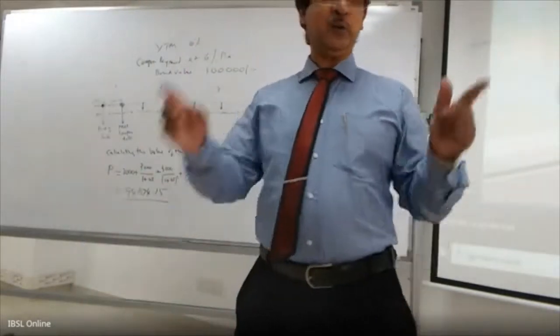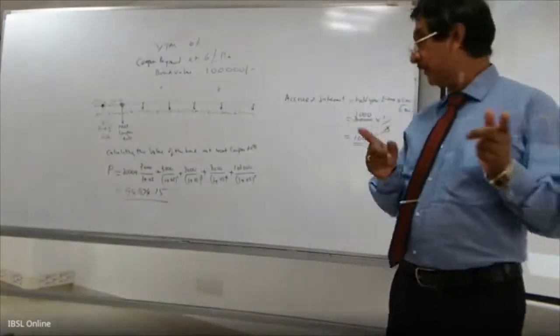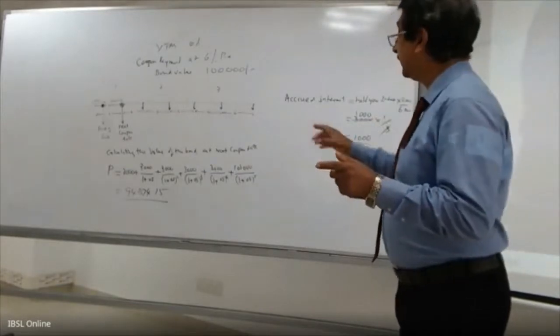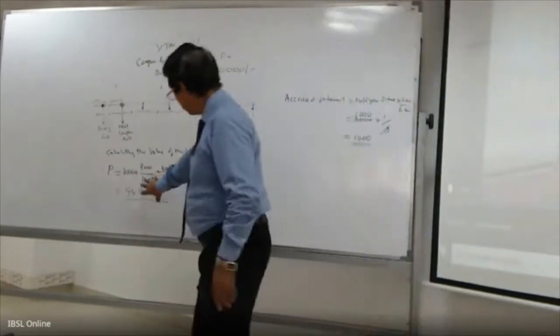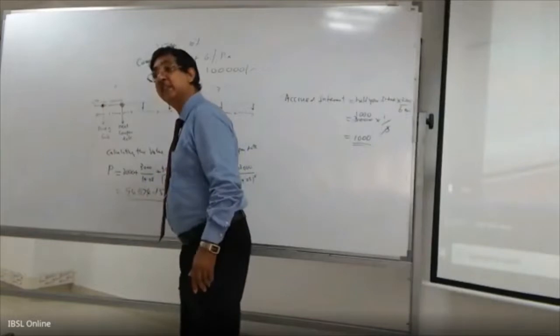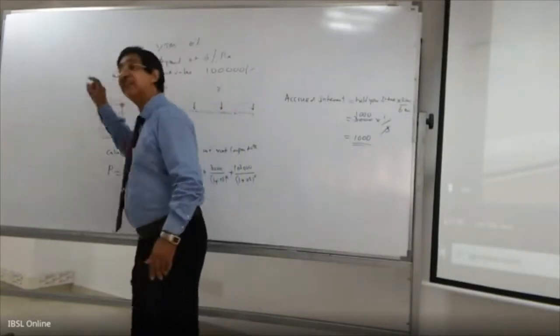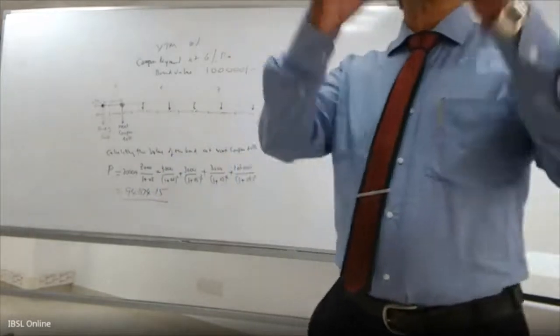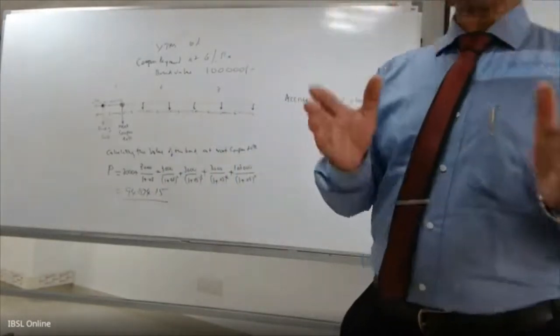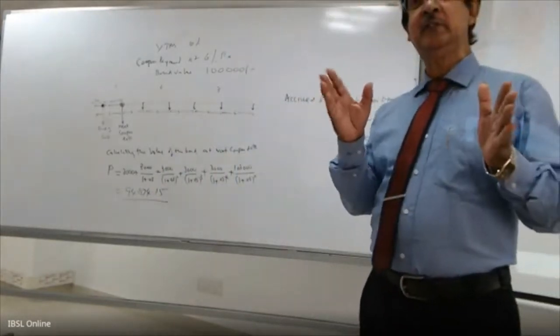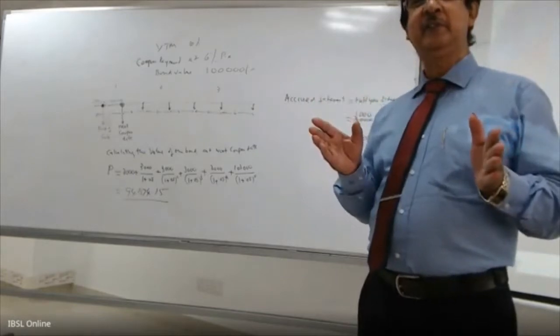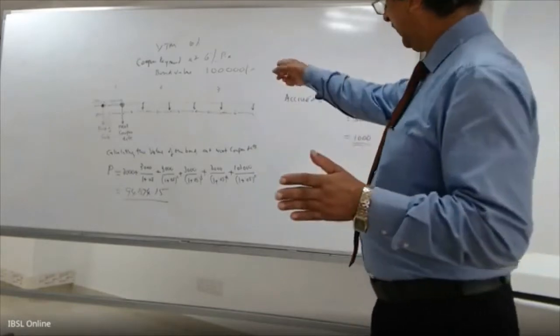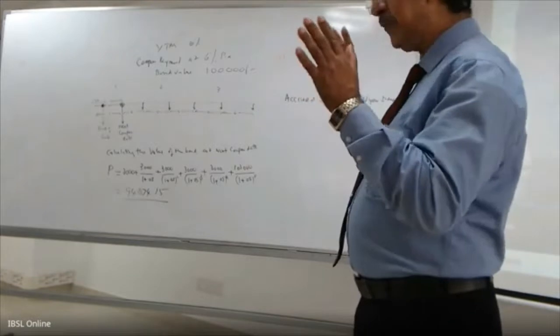In order to calculate the present value of the price, we need to discount this for this particular period at the particular discount rate. Now, what is the discount rate here? 10% is for a yearly period.